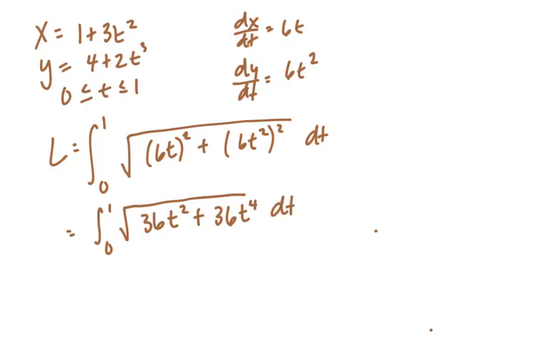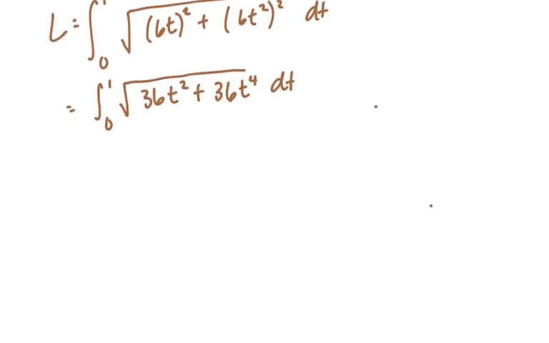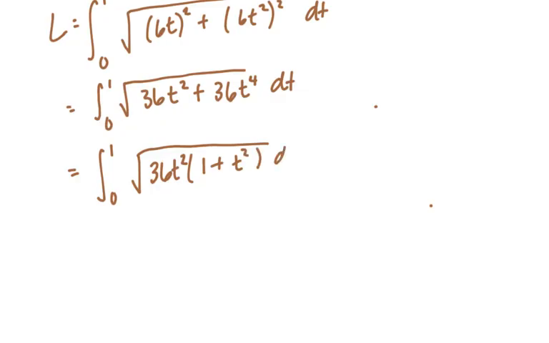Now you can't just take a square root term by term. You can't break it up. Some people want to tell me this is 6t plus 6t squared, and that is completely incorrect. But we can factor a 36t squared out of both terms. And we get 1 plus, the 36's cancel, t squared, dt.